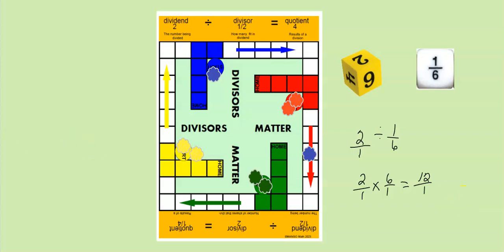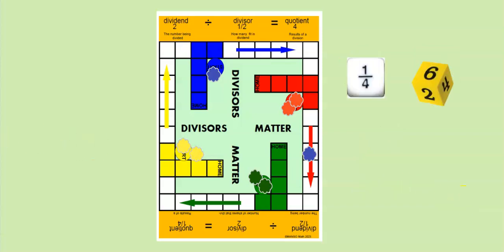So now it's the next player's turn, and the next player rolls 1/4 and a 6. And let's say they decide on this point that they want their divisor to be the whole number and their dividend to be the fractional amount. So they would write this as 1/4 divided by 6.